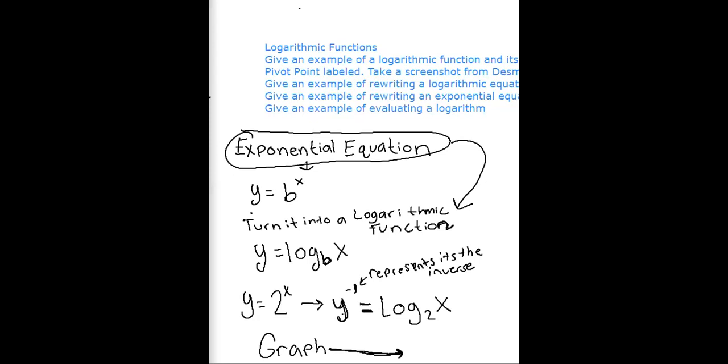Now if we look here on our graph, I have plotted our exponential equation, which is y equals 2 to the power of x, and that looks like this line right here. And we can find our asymptote.